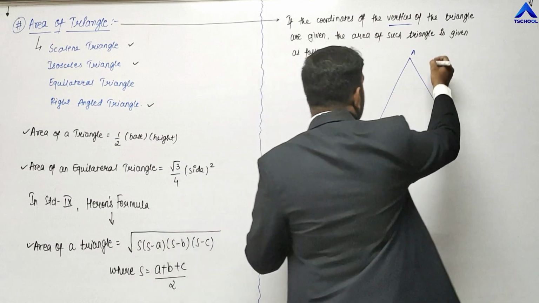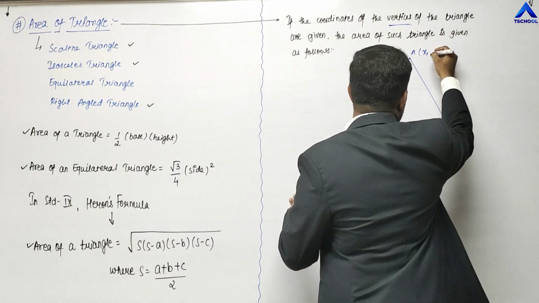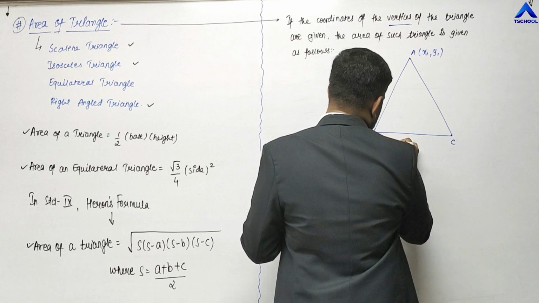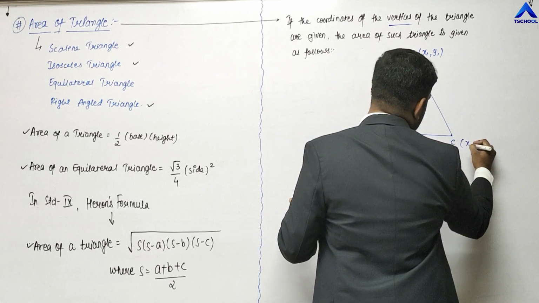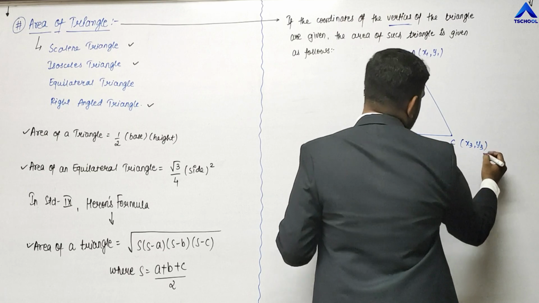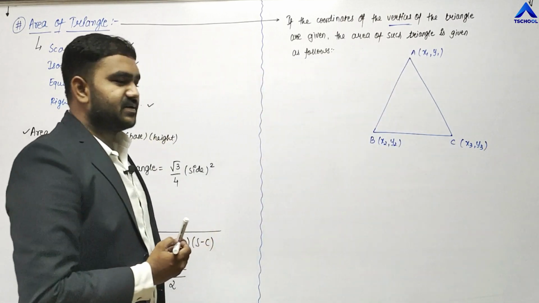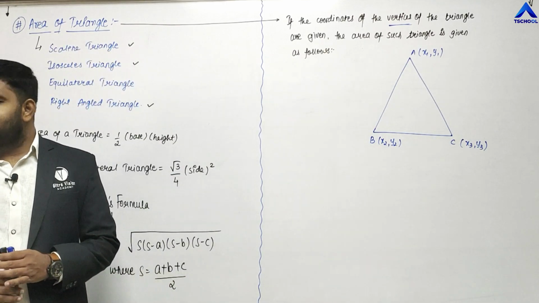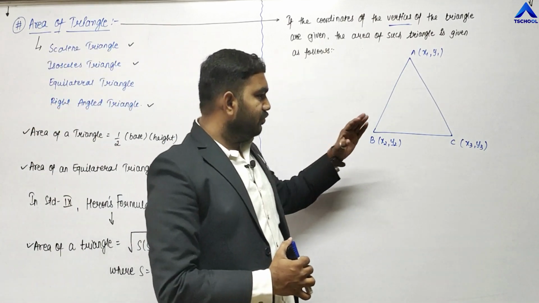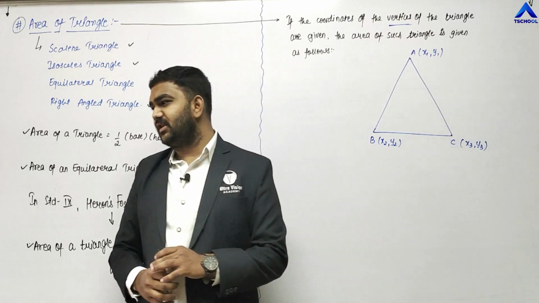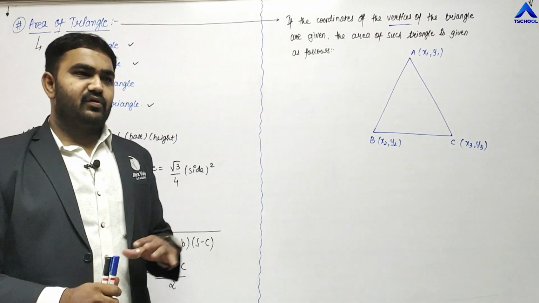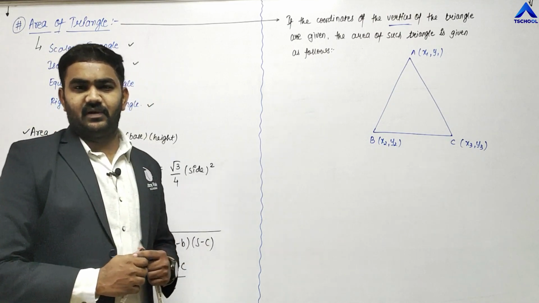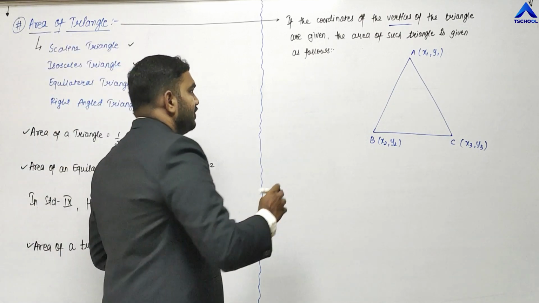We shall assume that the coordinates of A are x1, y1, x2, y2 for B and x3, y3 for C. Friends, in the textbook there is a different method shown to find the area of such a triangle. But we are not going to follow that. We are going to use the simplest method as we only need the formula. We don't need the derivation, right?